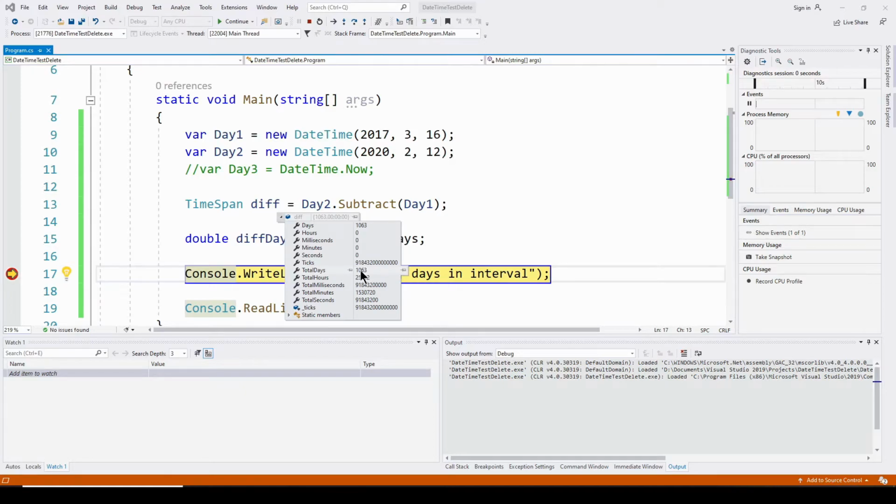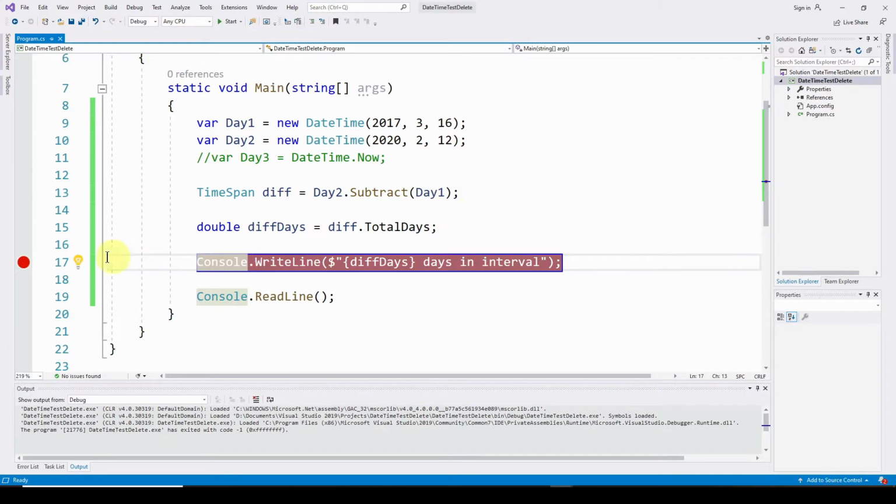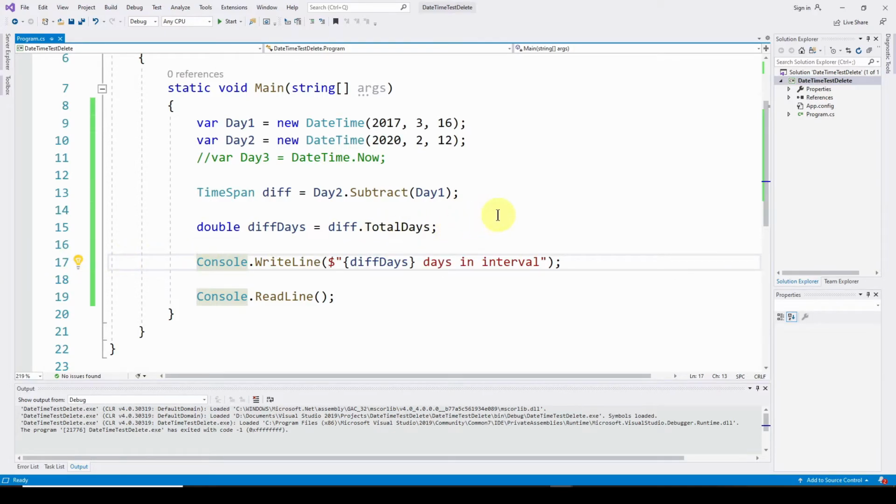The question is, we want to know how many years that is. Well, like I said, when you're talking about months or years, the alarm bell should go off and the light should flash because it's unclear what a year is. We're getting days, but how many days in a year?